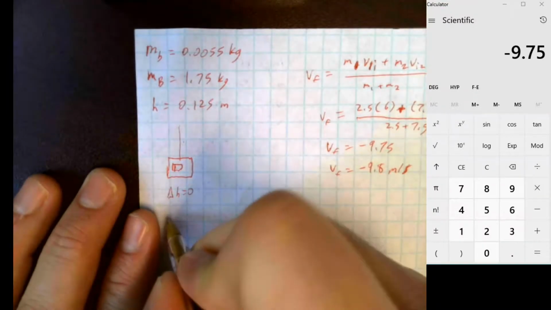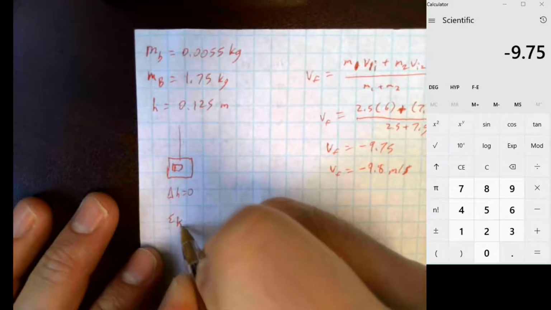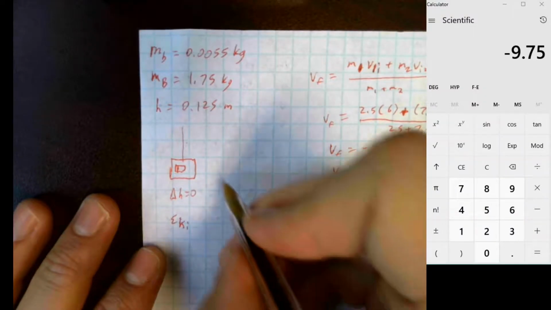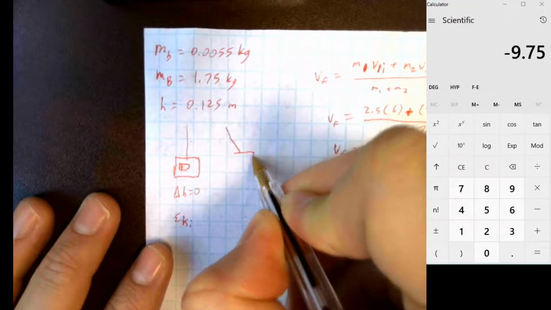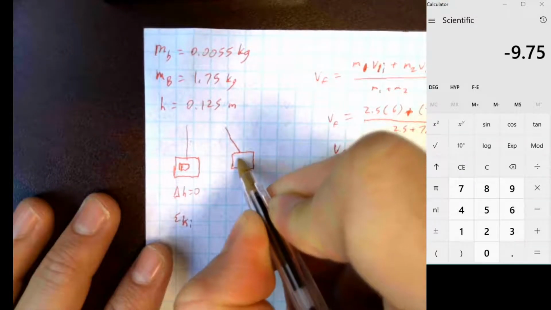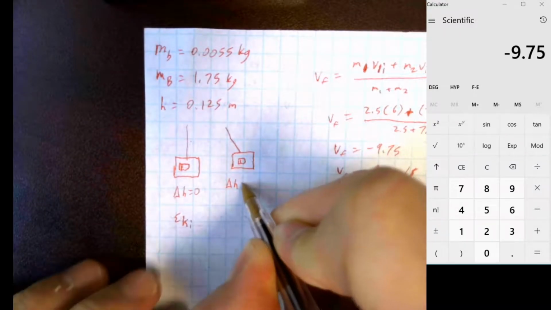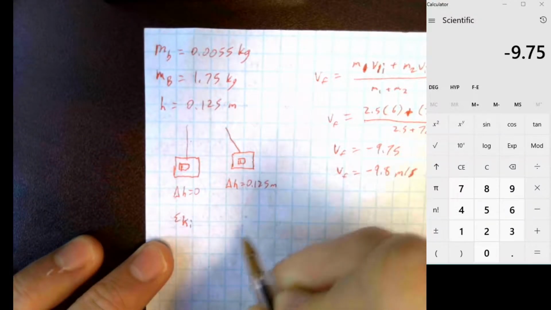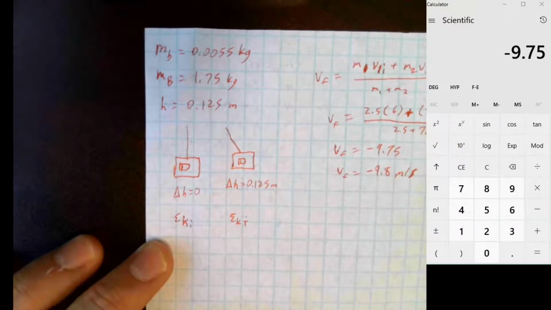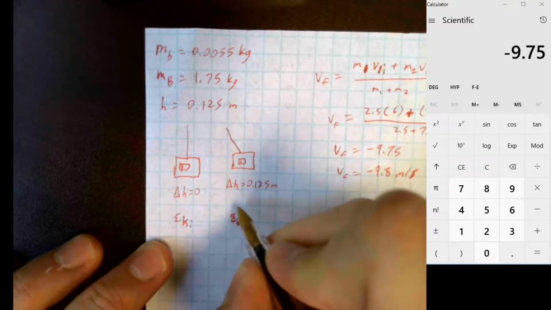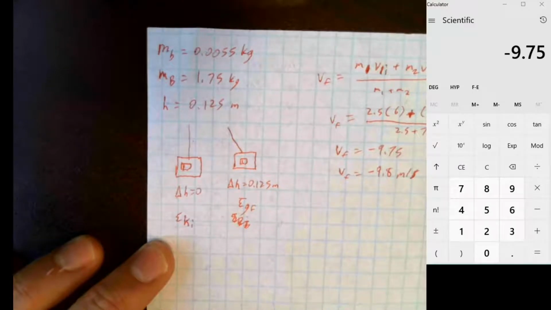That's the time when I want to find my initial kinetic energy, or my EKI. I should write it down as EKI. This kinetic energy is going to be equal to, I'm sorry, not the kinetic energy, I shouldn't say that, it's going to be equal to the gravitational potential energy in this final case.